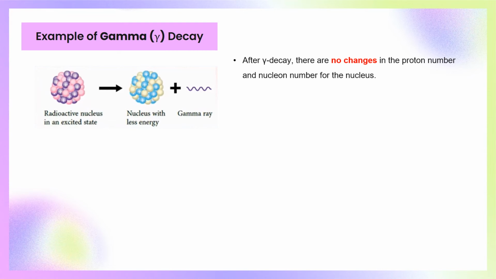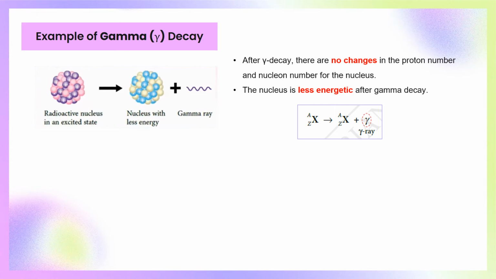Let's look at the example of gamma decay. After gamma decay, there are no changes in the proton number and nucleon number of the nucleus. The nucleus is less energetic after gamma decay. This is the general equation for gamma decay as we have discussed just now.